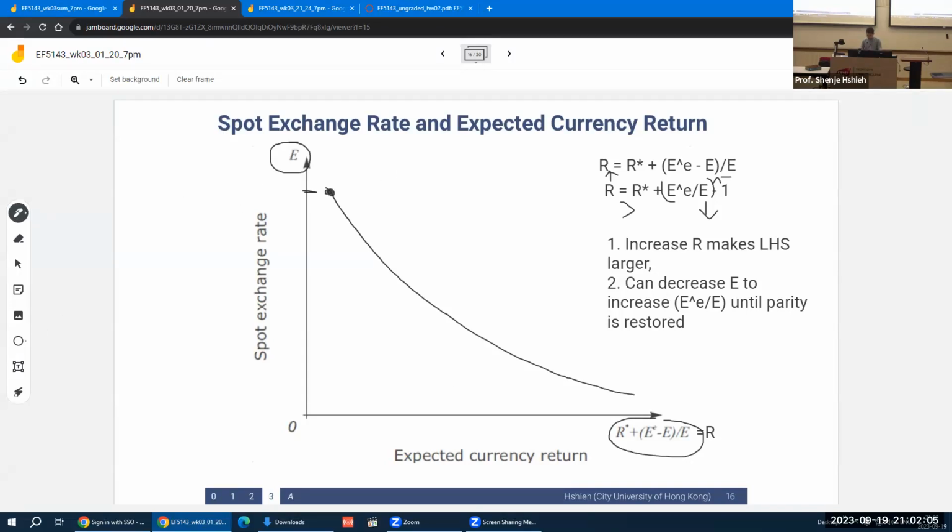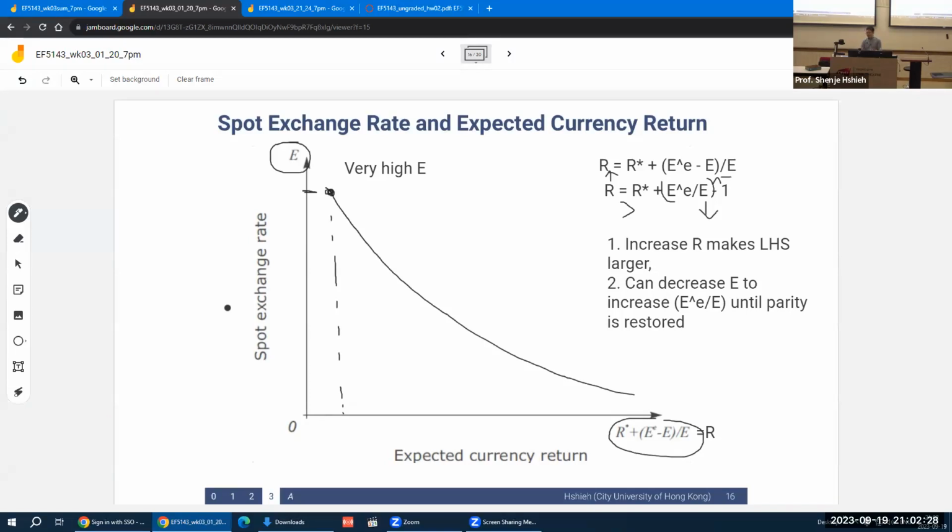So what this means is if I have a very high E, I must have a very low interest rate. Which makes sense, right? Just think about who controls interest rates: central banks. How do they decrease interest rates? They print money.